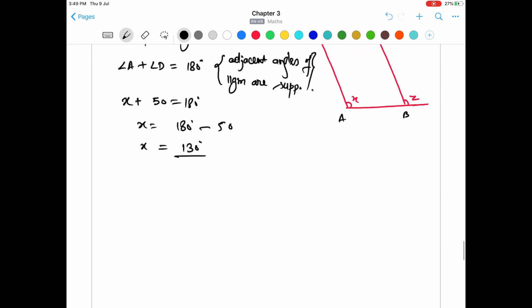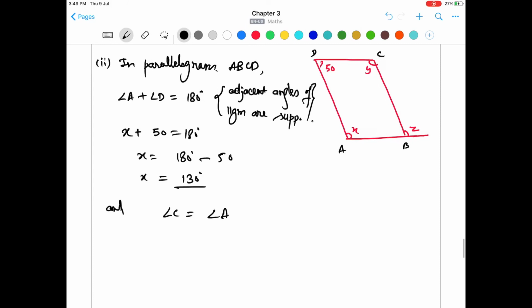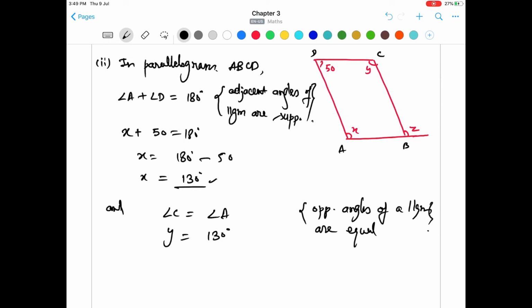So now, angle C is equal to angle A, that is angle C is angle y, and A we have already calculated here, which is x equals 130 degree. The reason here is opposite angles of a parallelogram are equal.